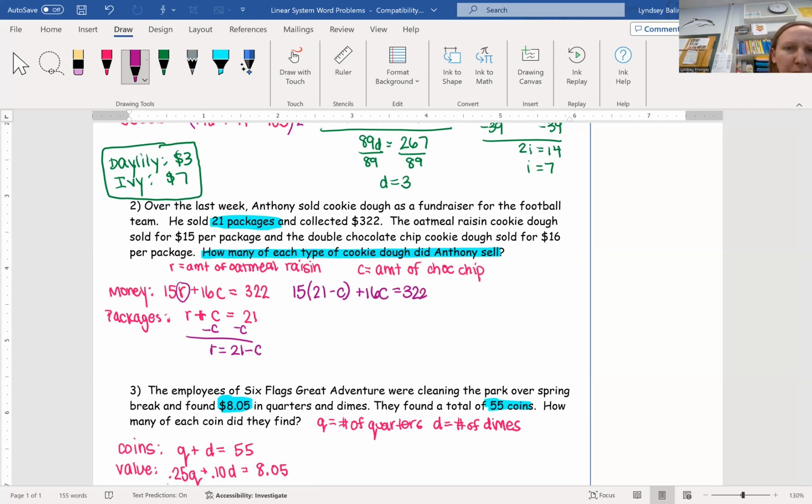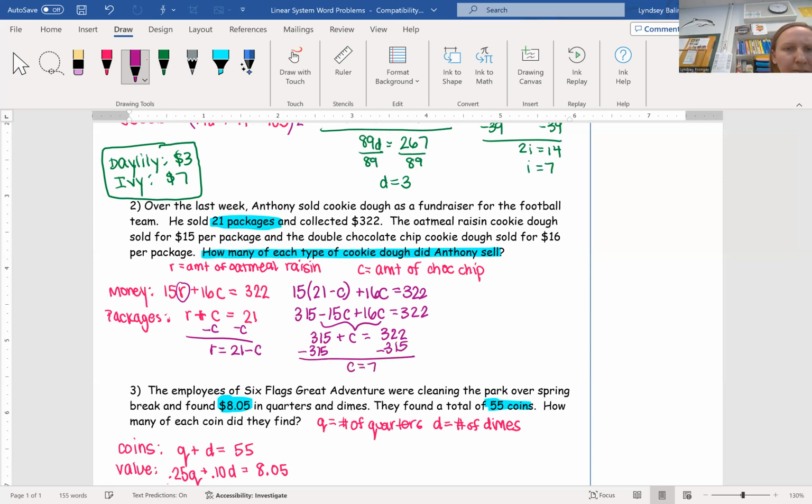If I distribute, we end up with 315 minus 15C plus 16C equals 322. I'm going to combine my C's together, which actually works out nicely because it's just one C.